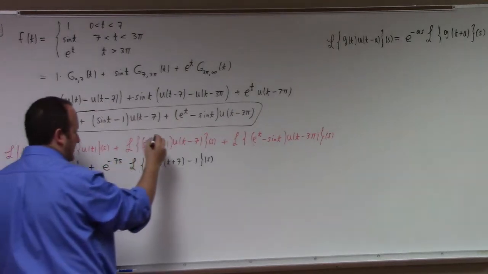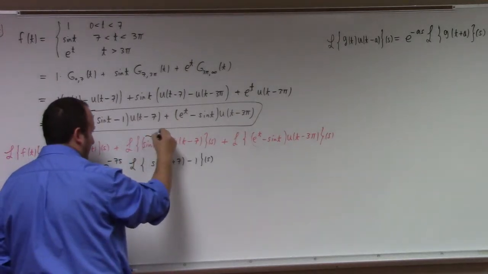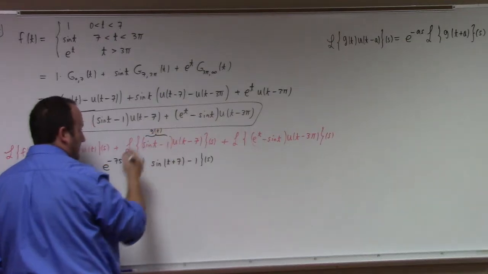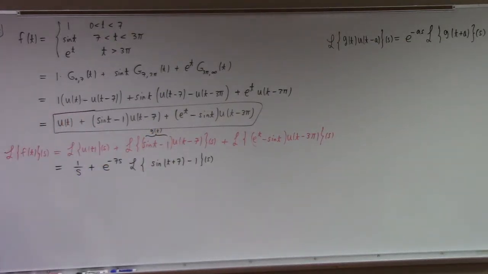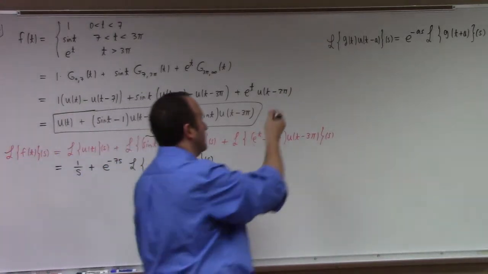What I'm doing, guys, is thinking of this as the g of t in formula 8. If that's g of t, then if I replace t with t plus 7, I get sine of t plus 7 minus 1. I'm using formula 8, which is up here.